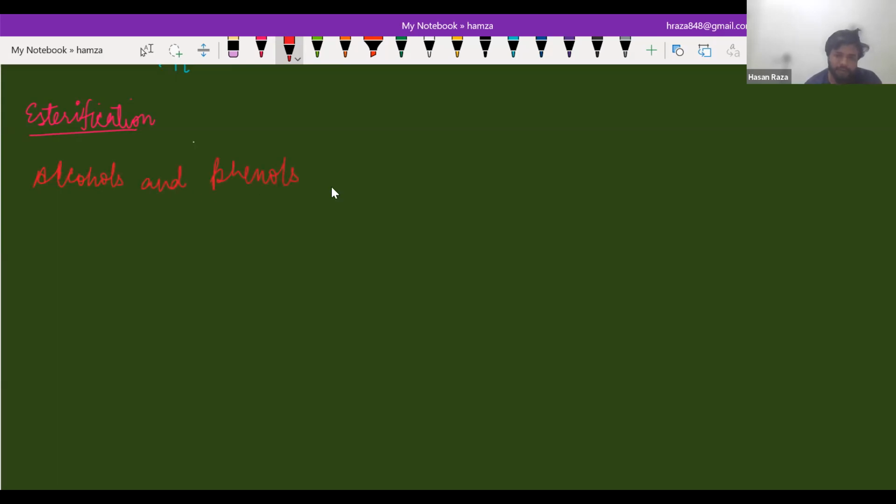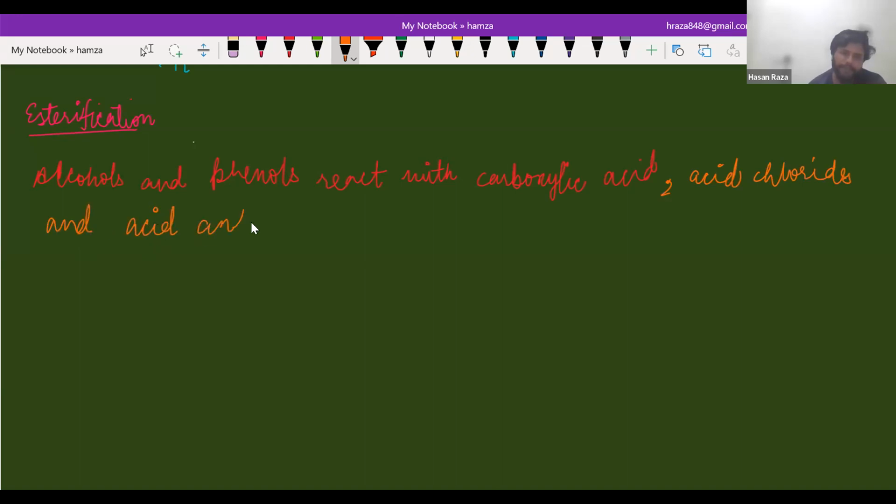Alcohols and phenols react with carboxylic acid, acid chloride, and acid anhydride to form or to give esters.